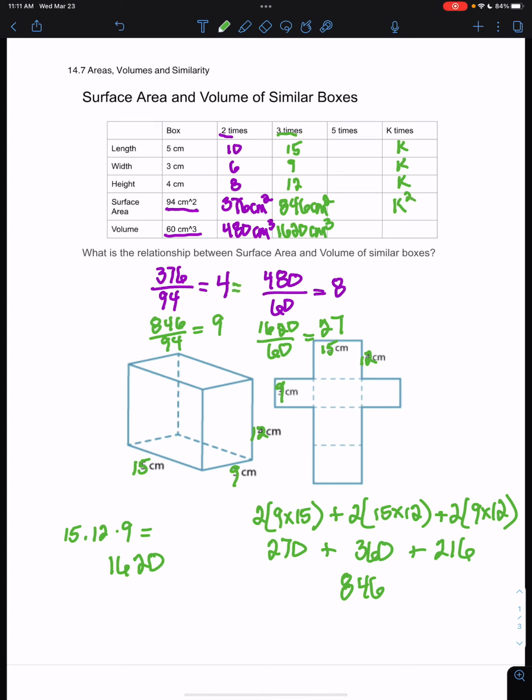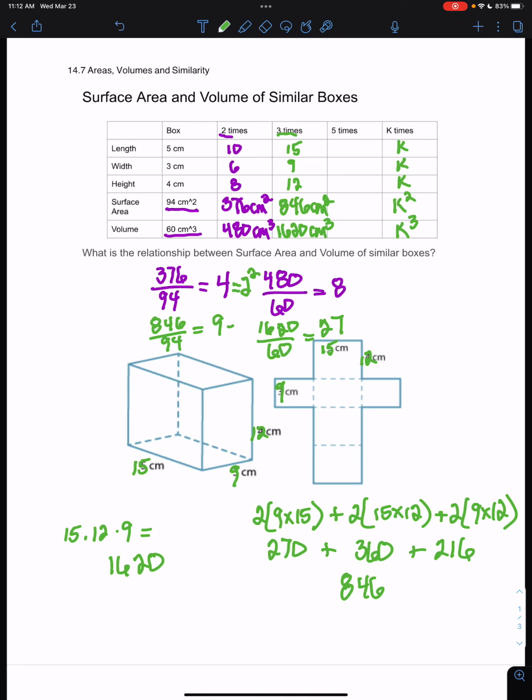Notice that 4 is equal to 2 squared. So whatever our scale factor is, we're doing that squared times our surface area will give us our new surface area for our similar box.